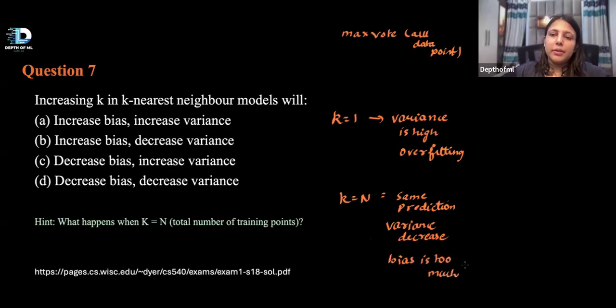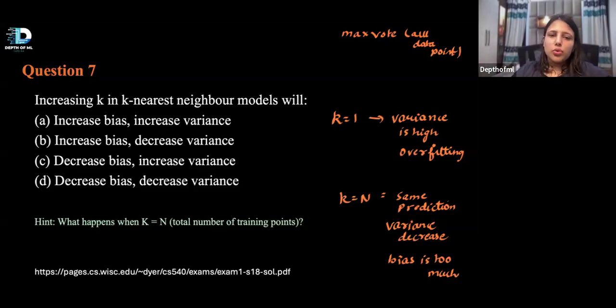Are you convinced that the bias is too much in this? Because now you have oversimplified your model, because your prediction is only the mean or mode or some max vote of all the data points that you have. You don't even have to calculate distances now. You have made it so simple that you're just computing the max vote of all the data points.